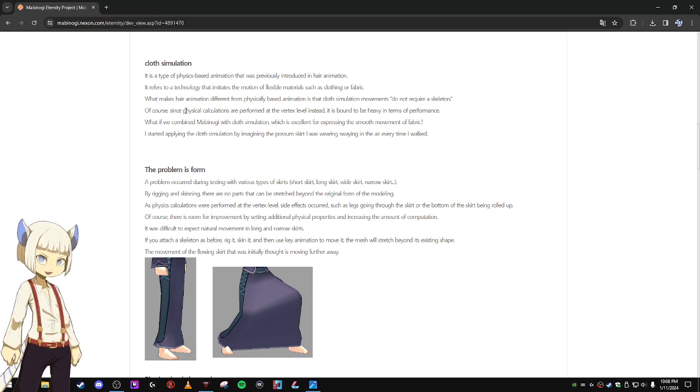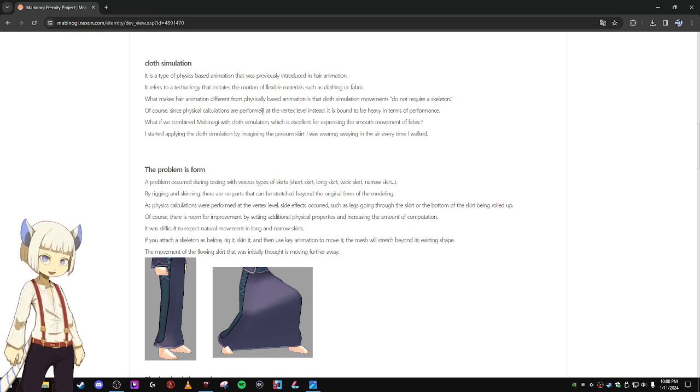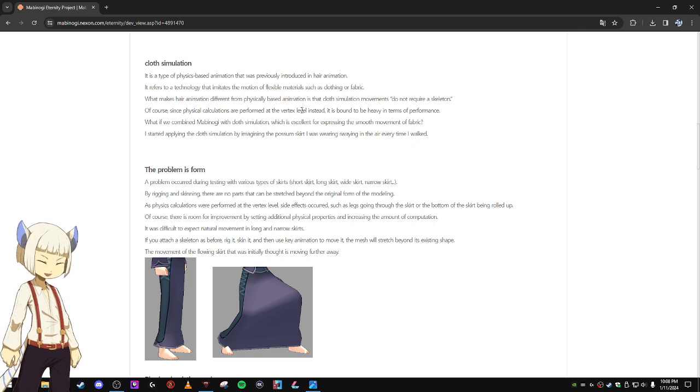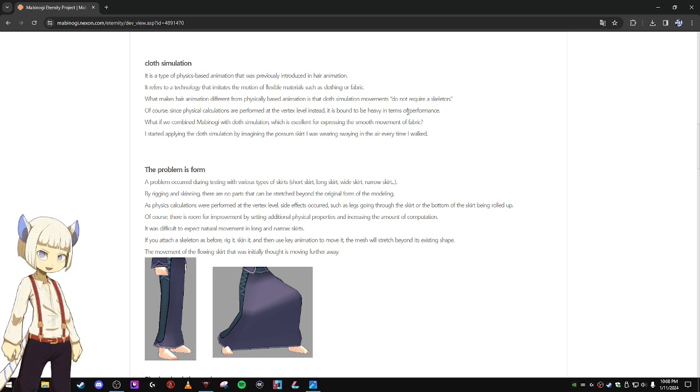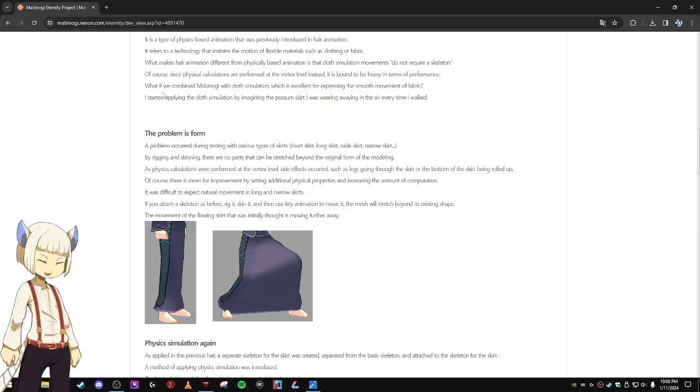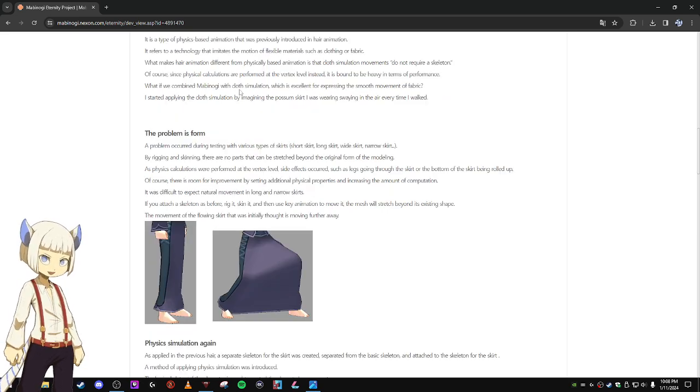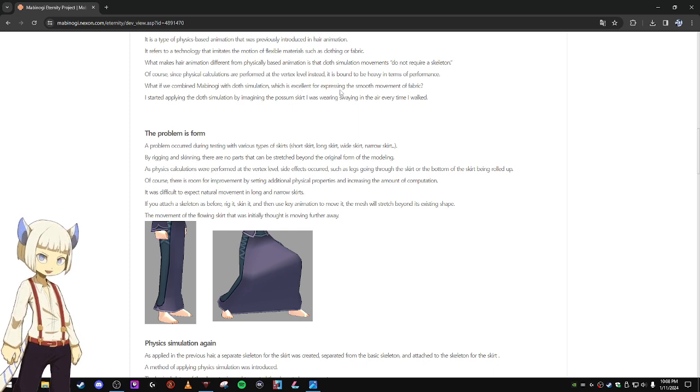Of course, since physical calculations are performed at the vertex level instead, it is bound to be heavy in terms of performance. What if we combined Mabinogi with cloth simulation, which is excellent for expressing the smooth movement of fabric?